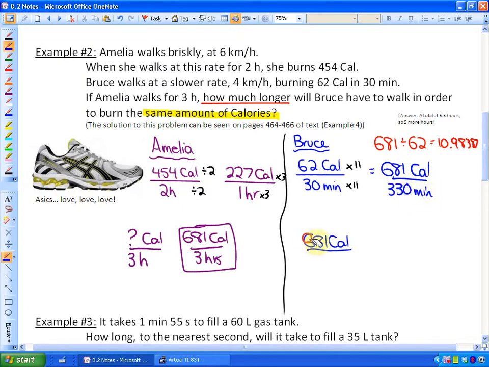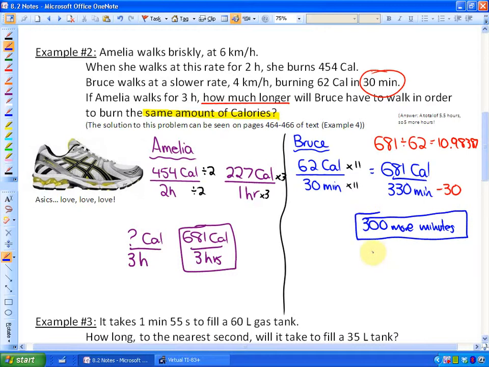So again, the question states, how much longer will Bruce have to walk? He's already walked 30 minutes. So if we subtract 30 from the total amount of time, that will tell us that he has to walk, again, same answer, 300 more minutes, which if we divide that by 60 minutes per hour, that's also 5 hours more.